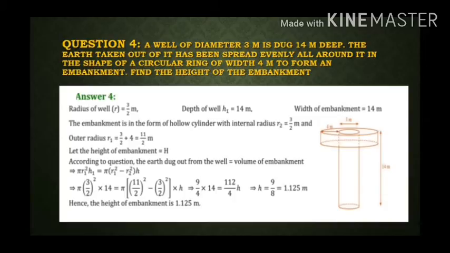Okay, so for the outer space, the radius will be 3 by 2 plus 4, that is 11 by 2. Now use this formula and put the value of r1, r2. You will get the height of the embankment as 1.125. Okay, this will be small h.